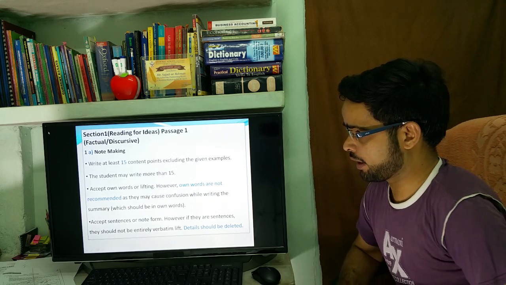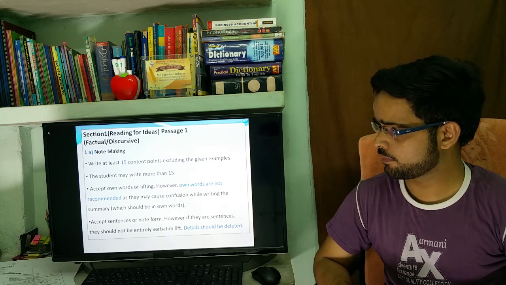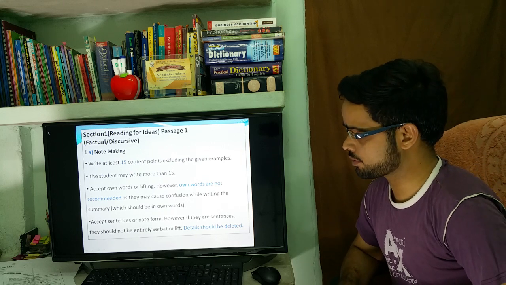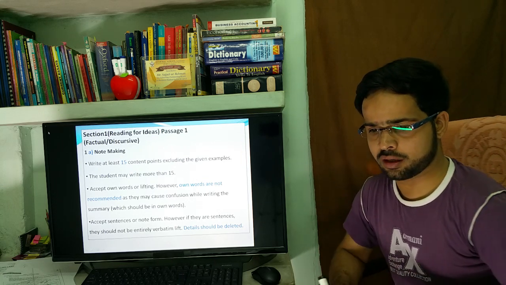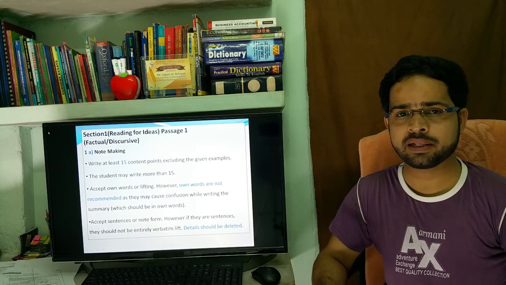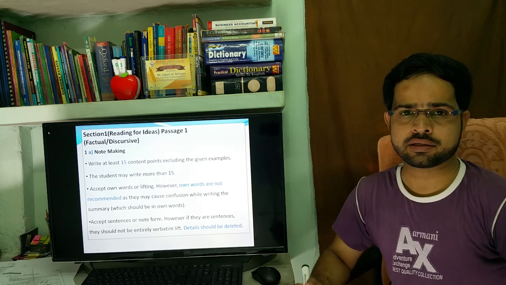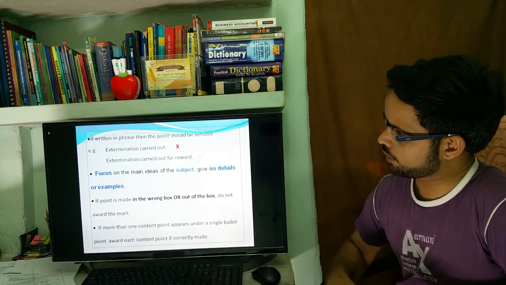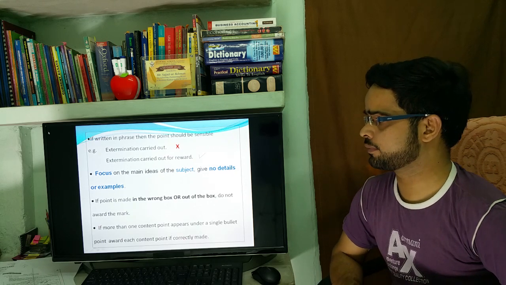If you are taking out notes from a specific passage, if you are just lifting the whole sentence, please delete the details. If written in phrase, then the point should be sensible.